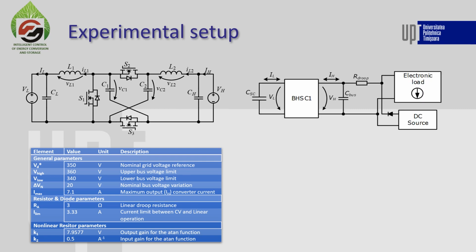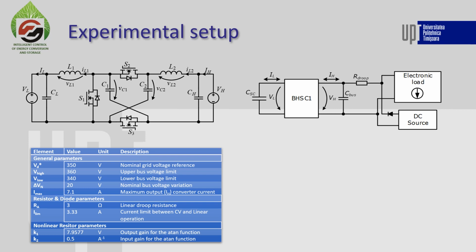The test setup used for this method is shown in this diagram, and it consists of a supercapacitor bank with the CSC capacitance, the bidirectional hybrid switched capacitor converter, BHSC1 for short, a bus capacitance, C-bus, a real droop resistance, R-droop, and a parallel combination between an electronic load and a DC source connected through a diode.